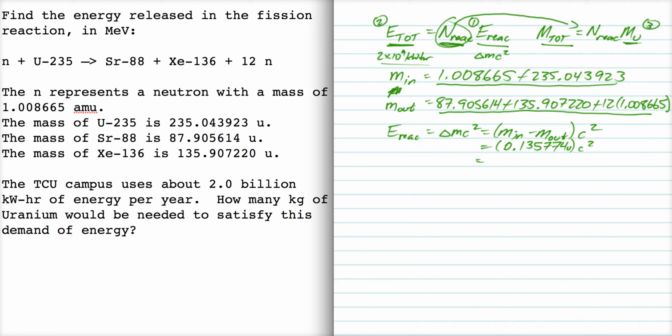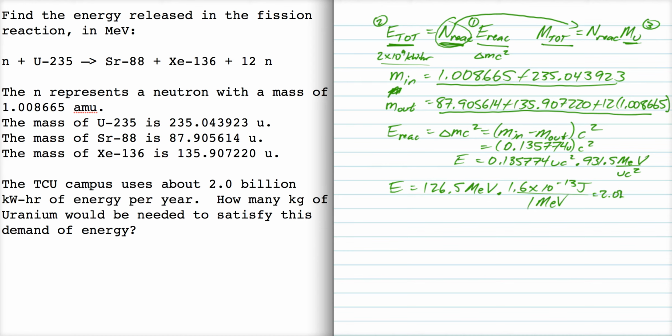So if I want to convert that into an energy, I can take 0.135774 u C squared, and I can multiply by 931.5 MeV per u C squared. Right? That converts this into an energy. So that's 126.5 MeV. And I'm going to want this in joules, so I'm going to multiply by 10 to the minus 13 joules per MeV. So that's 2.02 times 10 to the minus 11 joules.